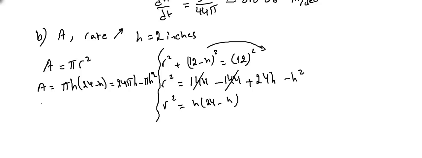So what do we have here now? We need to find dA/dh. This is the area in terms of h. Now I need to deduce the rate. Let me check back the question: deduce the rate at which this area increases. So dA/dh is the derivative of area in terms of height, which equals 24 pi minus 2 pi h, right?